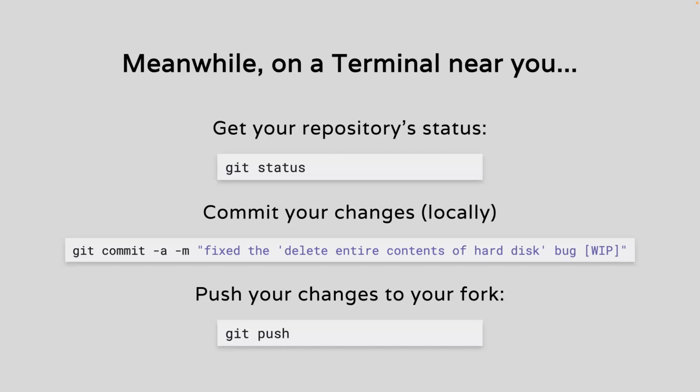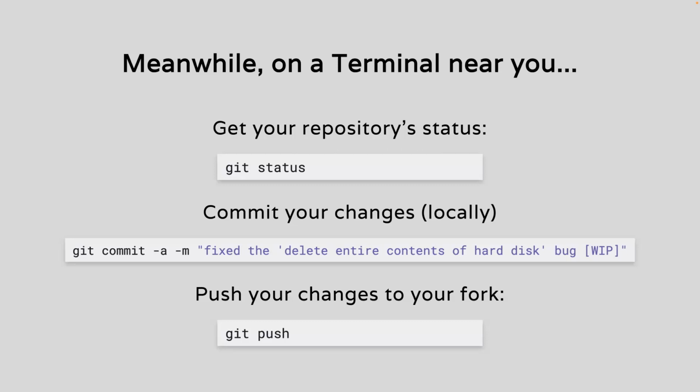So the convention I use is, in your commit message, you can put square brackets, WIP, work in progress. That tags that set of changes as something that's not fully formed, but it's just a backup thing. And then when you go back on your history and look at the different changes, you can easily see what's the working stuff and what's broken.